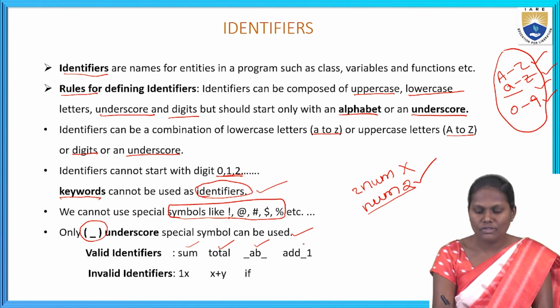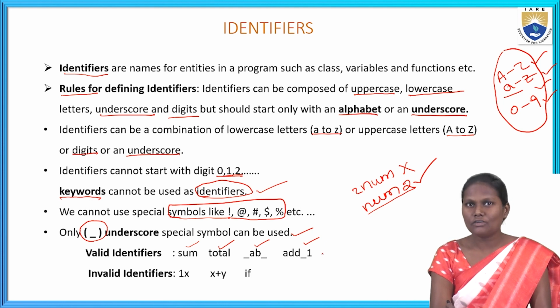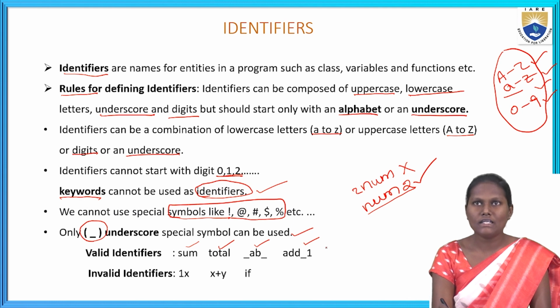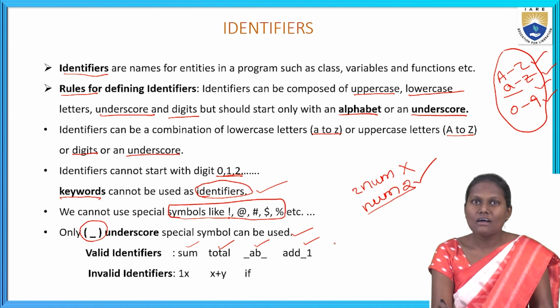Next, the fourth one: underscore 1. Is it correct or not? It is also a correct way to write an identifier. So these are the valid identifiers we can write. Now what are the invalid identifiers?